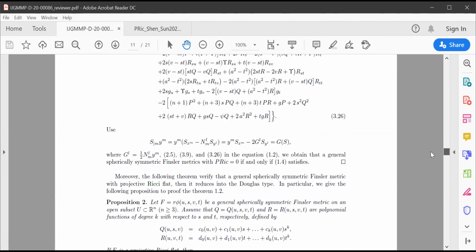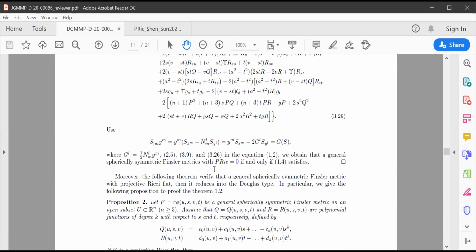Then projectively Ricci-flat if and only if 1.4 is satisfied, for some volume form dV.